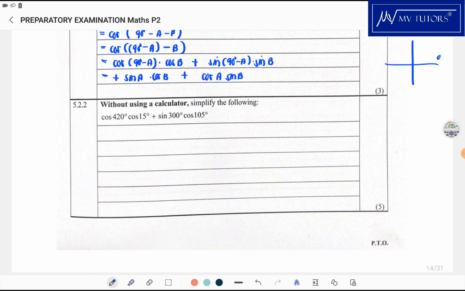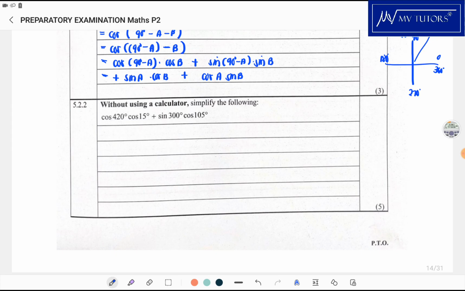So 9, 18, 27, 36, 45. Okay, so 420 is in the first quadrant.